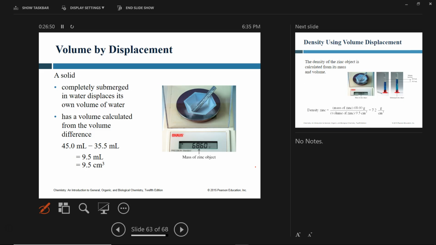Now, how can we measure a volume? Can you measure approximately the volume of that phone? How? What would you do? Length times width times height.